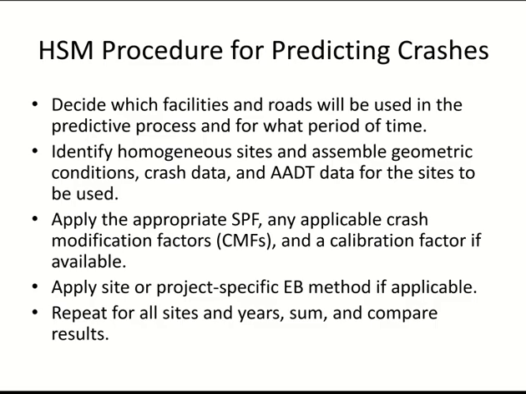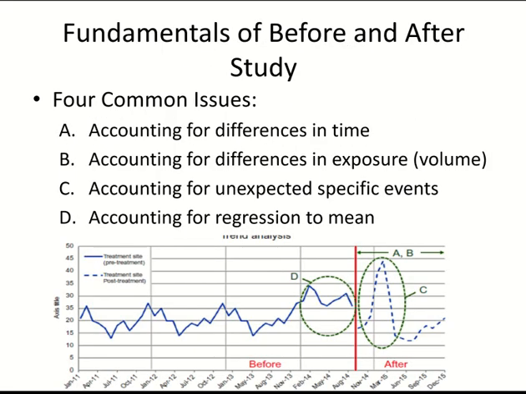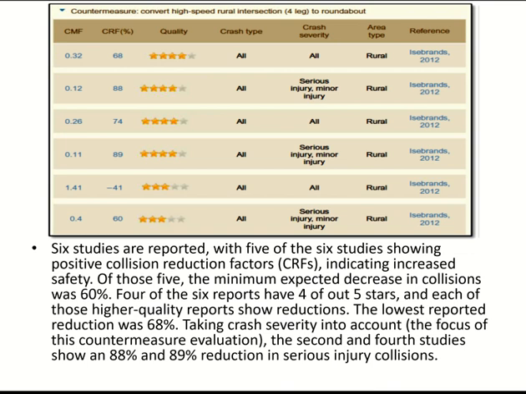When they were making the equation, they did not consider the right turning island. So the function gives you the number of crashes without the island. But then you have crash modification factors. Remember this which I showed you. This is called the crash modification factor: the reduction in crash or the increase in crash because of the change you have made.